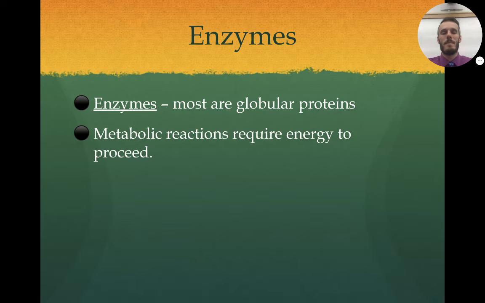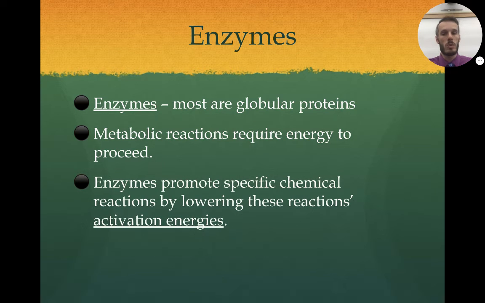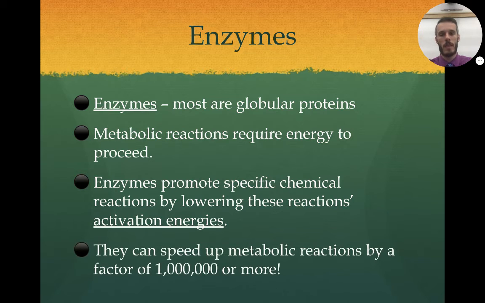Enzymes are responsible for helping out with metabolic reactions. They reduce the activation energy required for a reaction to happen, so they vastly speed up a chemical reaction that occurs within a cell. By lowering the activation energy, they can speed up a reaction by a factor of 1 million or more. So it can make it 1 million times faster, which is crazy to think about.